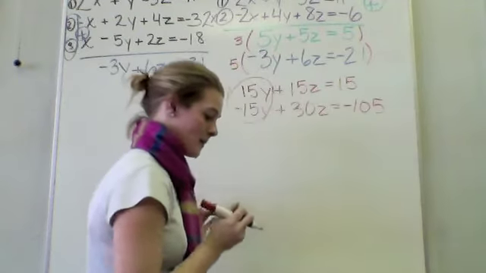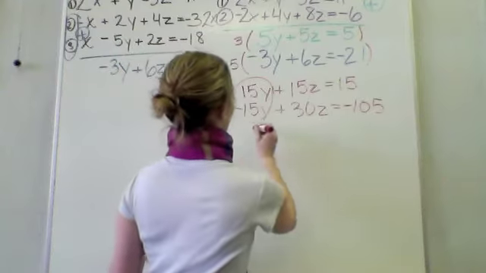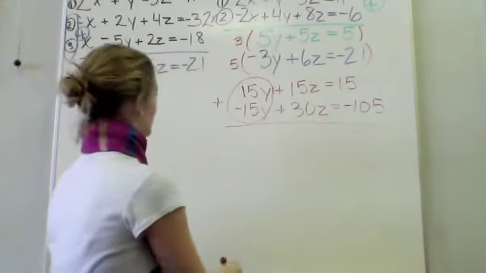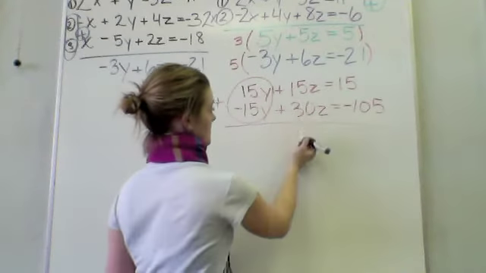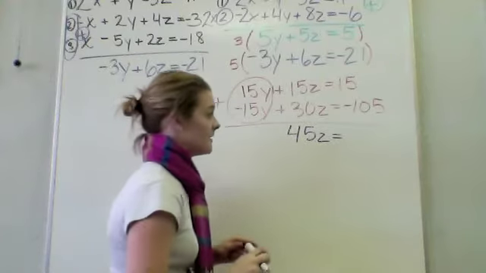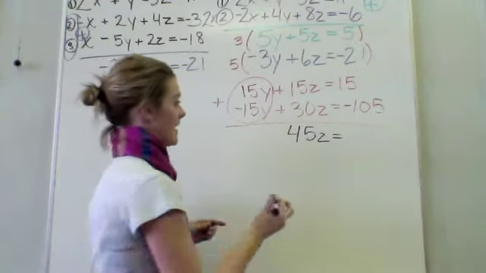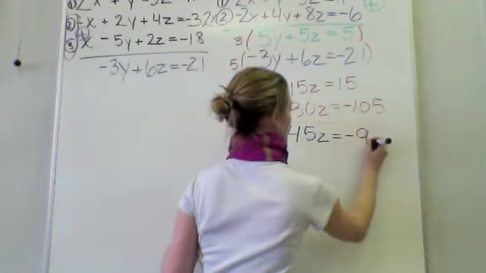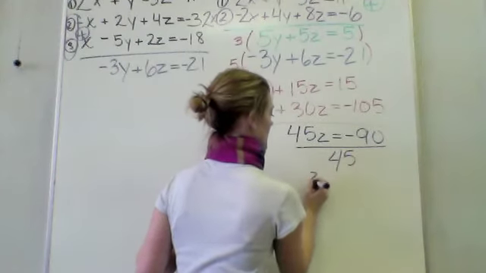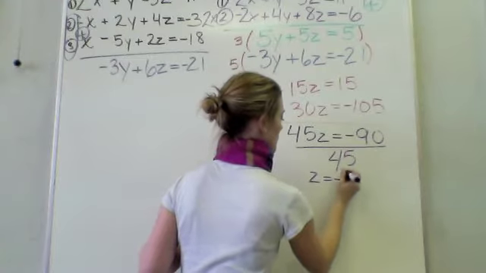Hopefully my math was correct on that one, folks. And now I can add these together because, once again, the y's will eliminate. So 15z plus 30z will become 45z, and 15 plus negative 105 becomes negative 90. I'm going to divide both sides by 45, and I get that z is equal to negative 2.